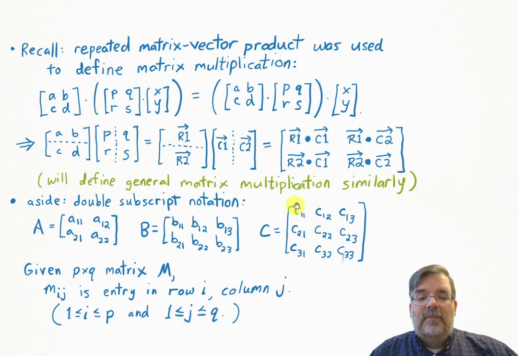So for example, C23 in this matrix occurs in row 2 and column 3. And in mathematics, we start counting with the number 1. I point that out because sometimes in computer science we would start counting with the number 0, but not in mathematics. All right, so that notation will be useful in what follows.